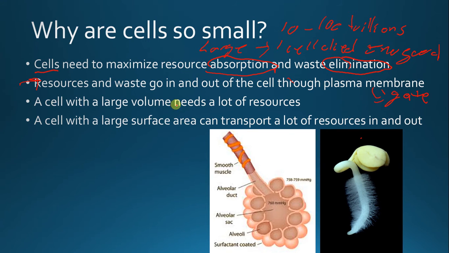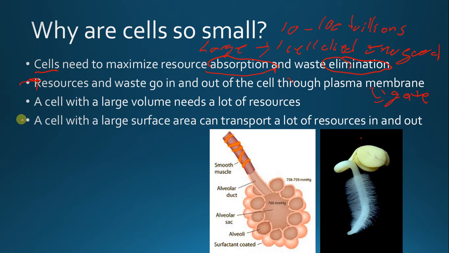If a cell is really big, so it has a big volume, it needs a lot of resources. A lot of things have to go to and fro across that plasma membrane to service the cell and to be disposed of, excreted. If a cell has large surface area, then it can transport a lot of resources in and out.